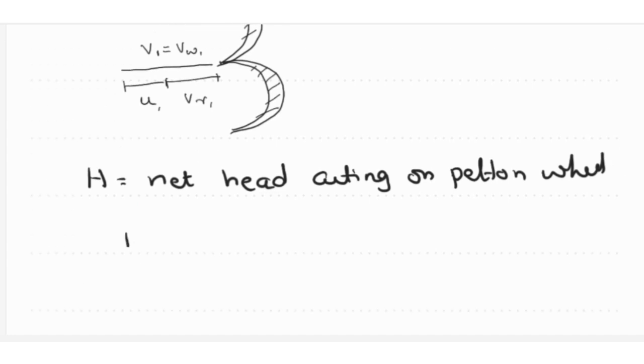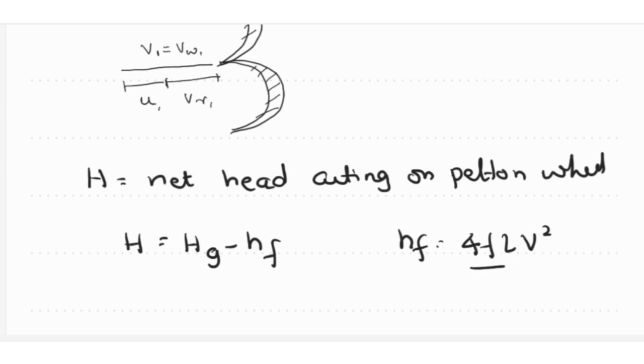Net head H is equal to gross head minus head loss due to friction. Head loss due to friction is given by 4 f l V squared divided by 2 g d, where f is the coefficient of friction, l is the length of pipe, V is the velocity, g is the acceleration due to gravity, and d is the diameter of the penstock.